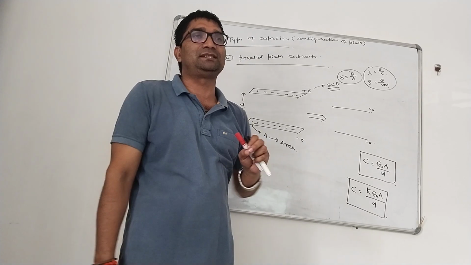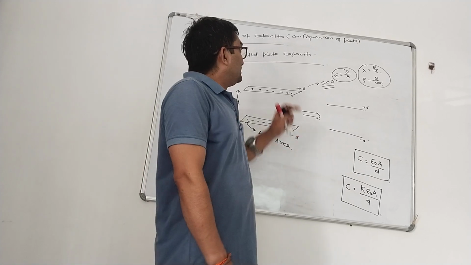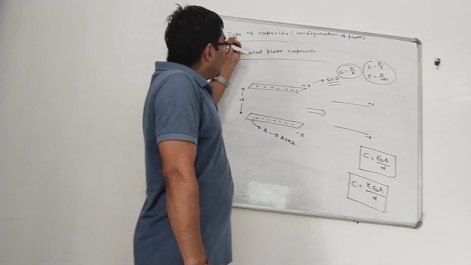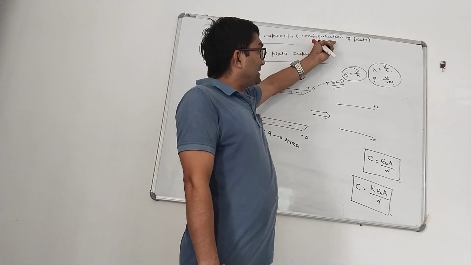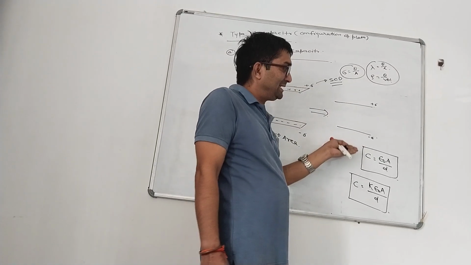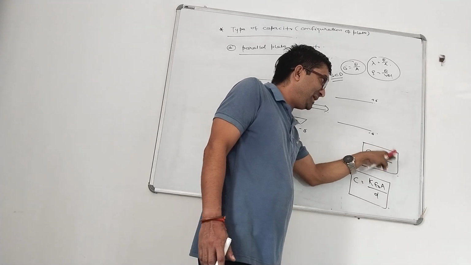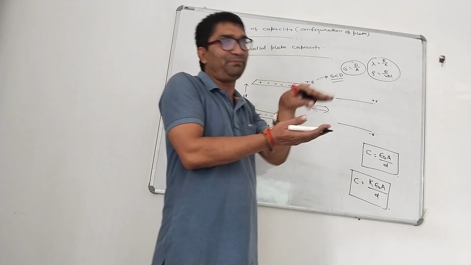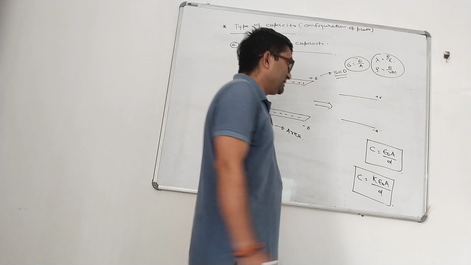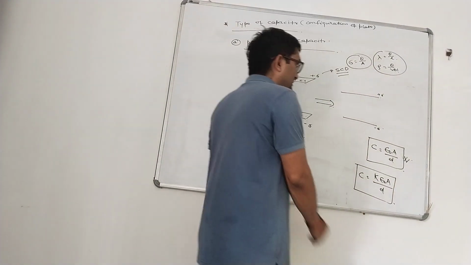Every term I will discuss here. I have already discussed types of capacitor on the basis of configuration of plate. So here also the capacitance depends on the configuration, I mean the plate area and the separation of plates. You have to keep these things in mind, and one by one I will discuss all of them.